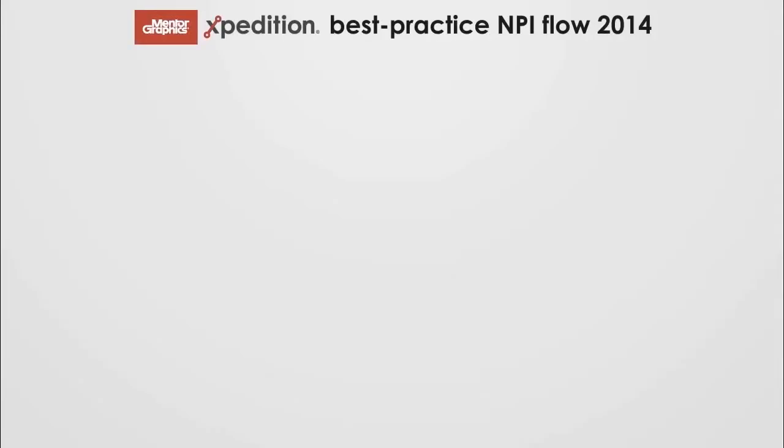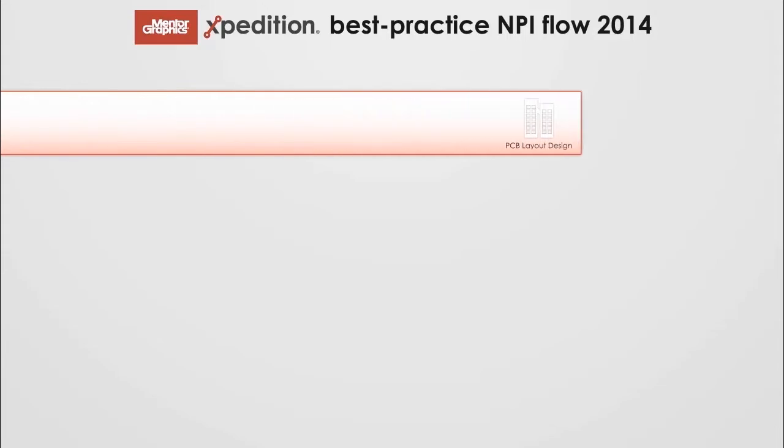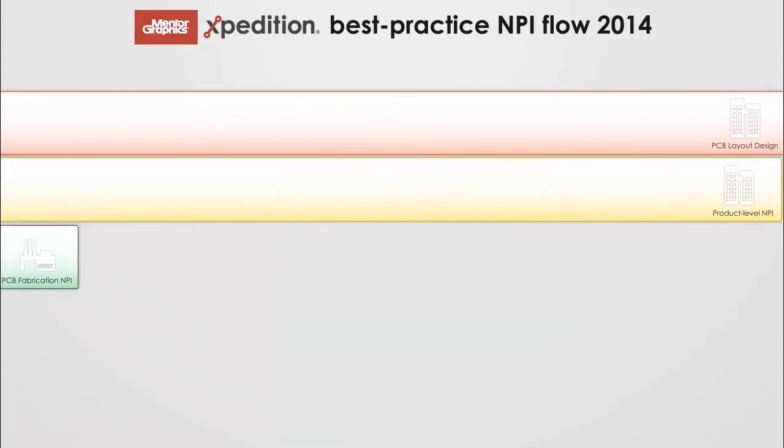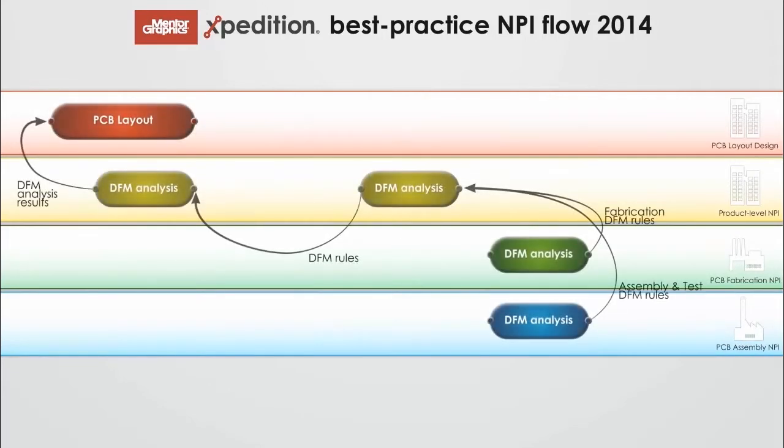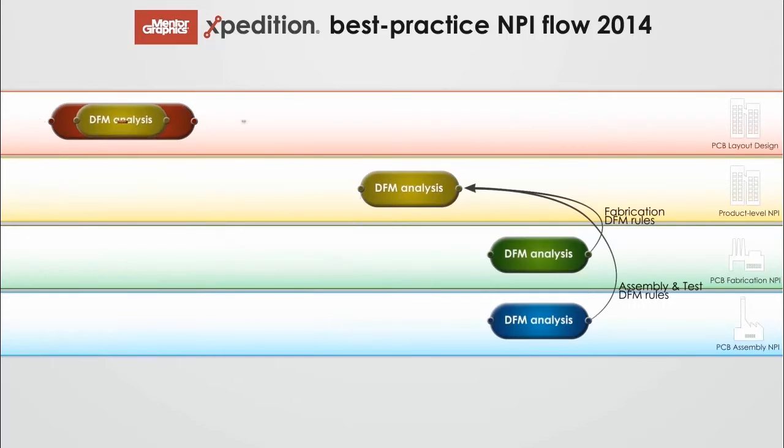Building on that, with the release of Xpedition VX, we are announcing additional significant steps in further consolidating the NPI flow between Xpedition design and the PCB fabrication and assembly processes. DFM verification is now embedded into the designer's Xpedition desktop, enabling designs that are right first time in terms of manufacturability, yet without requiring the designer to become a manufacturing expert.